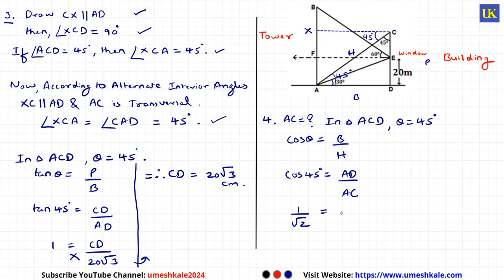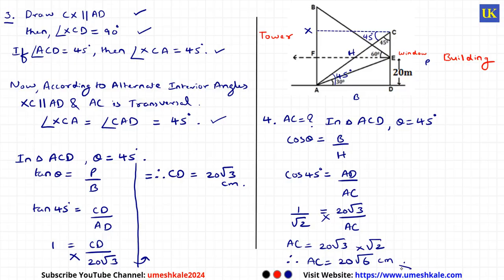AD is 20 root 3, and AC is what we have to find out. We will cross multiply here. So AC is equal to 20 root 3 into root 2. So therefore AC is, inside the roots we can multiply 3 times 2 is 6. So 20 root 6 is the distance of AC. So this completes all the 4 sub questions we have solved in this question.